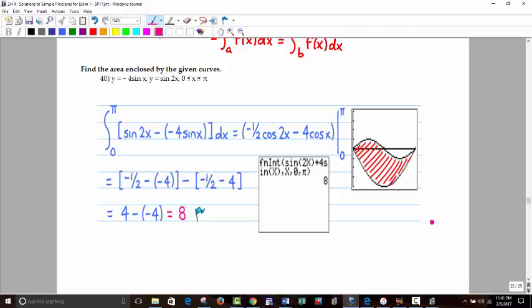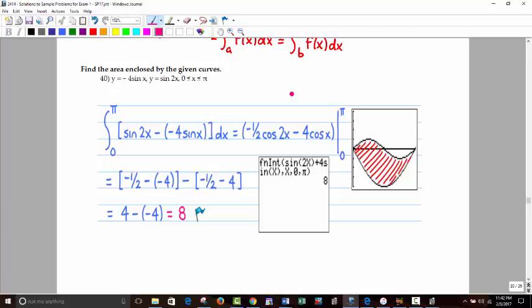But since I'm guaranteeing that these are going to be just one region, one graph will be above the other one the entire region. You can easily see that these connect at the intercept, 0, 0 is both of them. So they're connecting here at the intercept, they're connecting again at pi. So they're locked in. If you do construct the graph in the calculator, make sure you use radians.